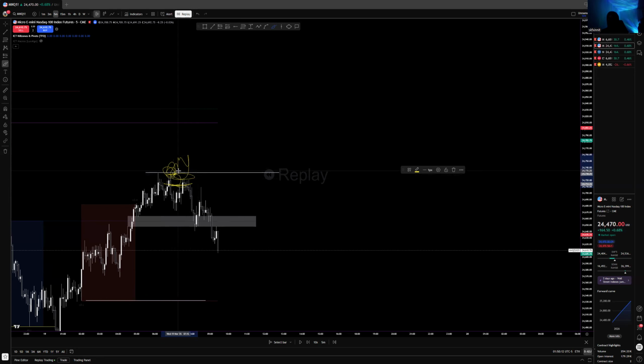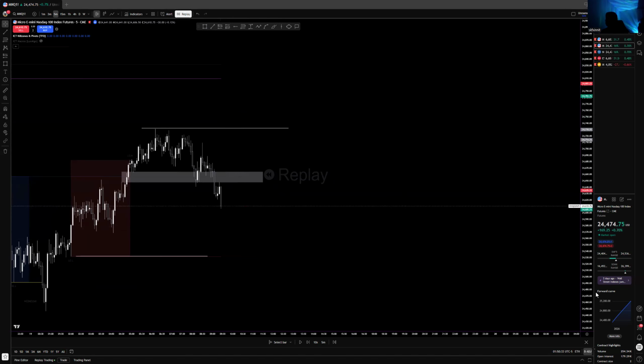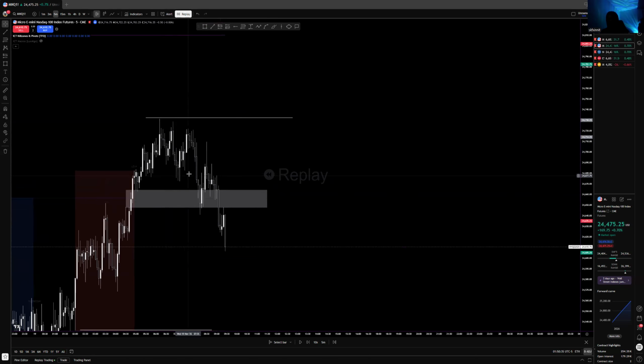If it sweeps that high, the price most probably is going to come back down and retest that inefficiency and then climb up to the liquidity zone. So that's one scenario. That can be a possibility.